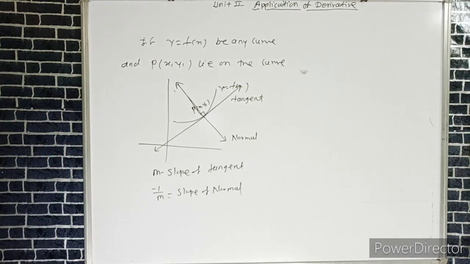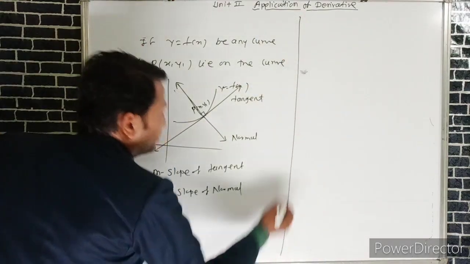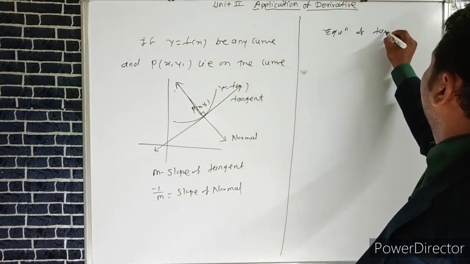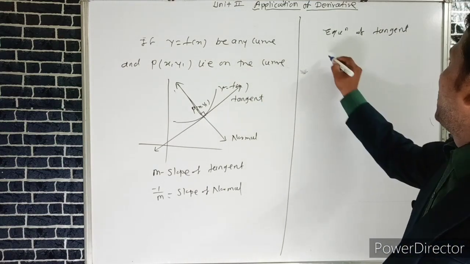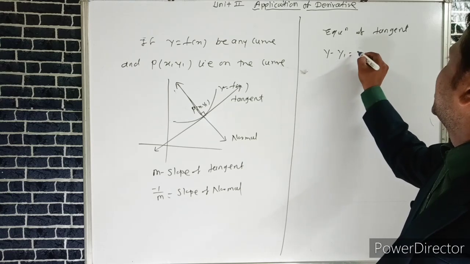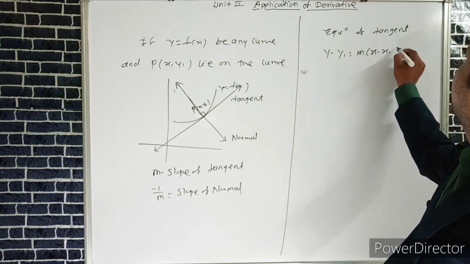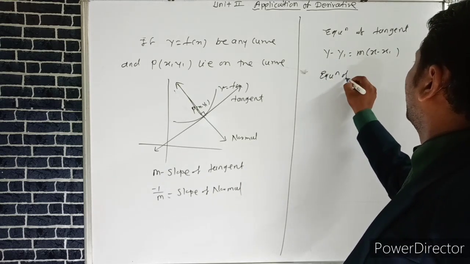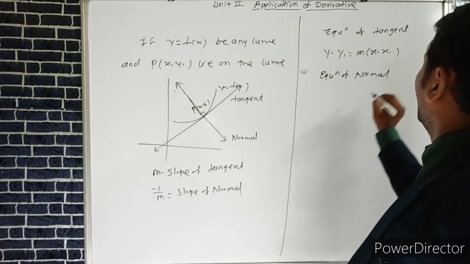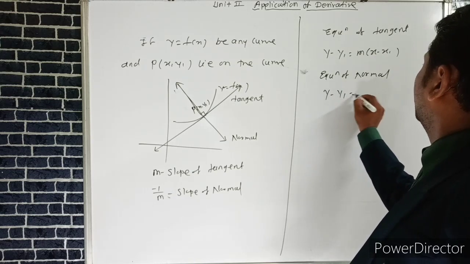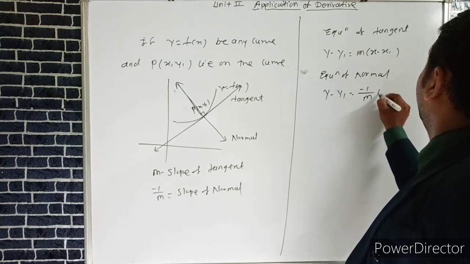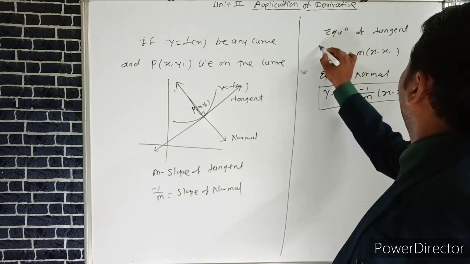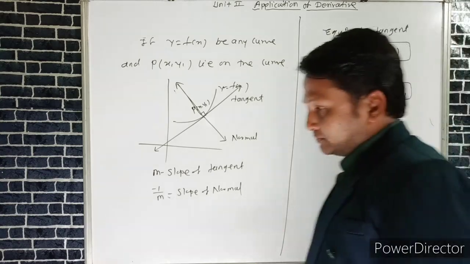By using this criteria, the equation of tangent is y minus y1 is equal to m times (x minus x1), and the equation of normal is y minus y1 is equal to minus 1 upon m times (x minus x1).